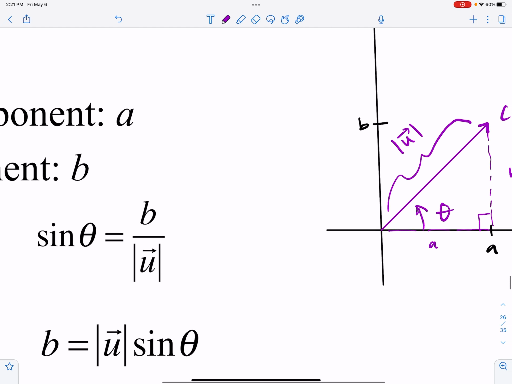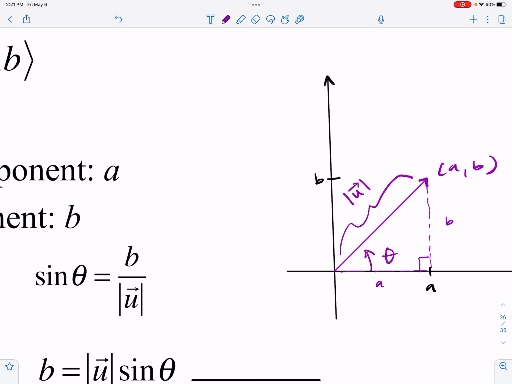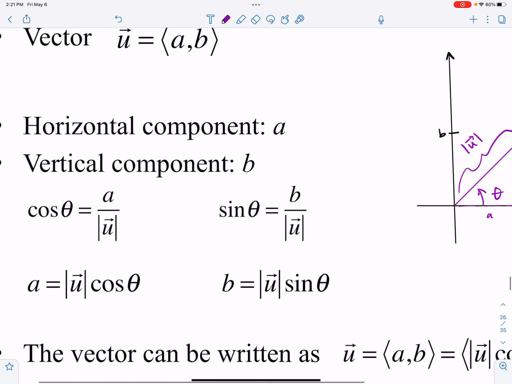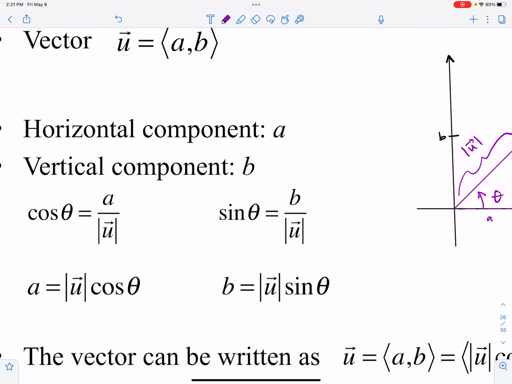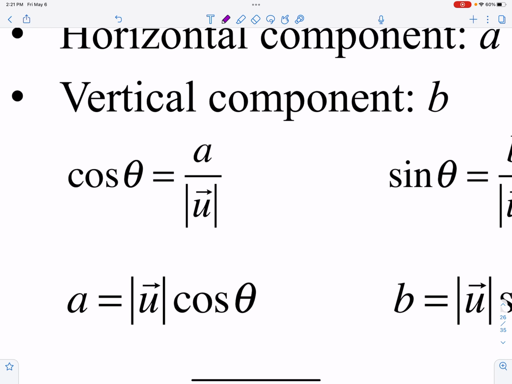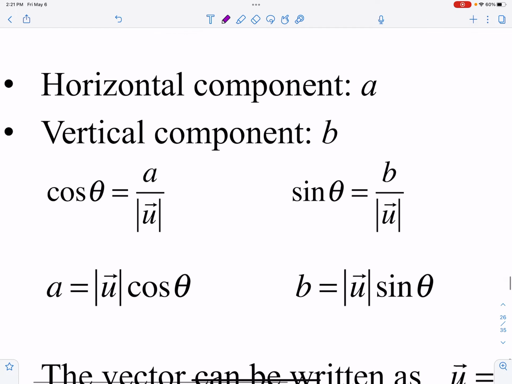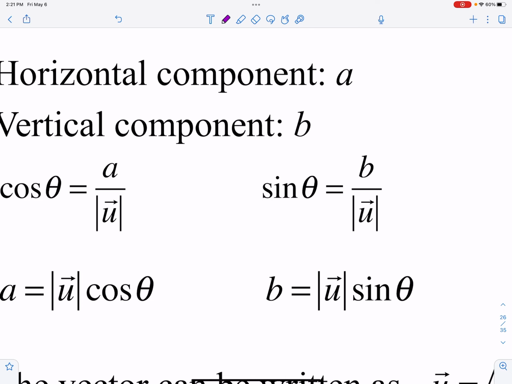Sine, opposite over hypotenuse, would be the value of B over the magnitude of u. Since A is the horizontal component and B is the vertical component, if we multiply by the magnitude on each side, A will be equal to the magnitude of the vector times cosine of theta, and B would be equal to the magnitude of the vector times sine of theta.